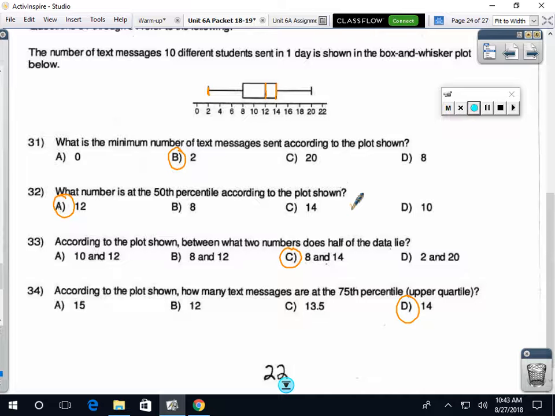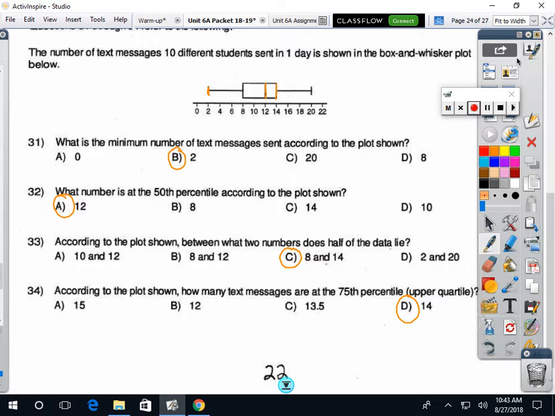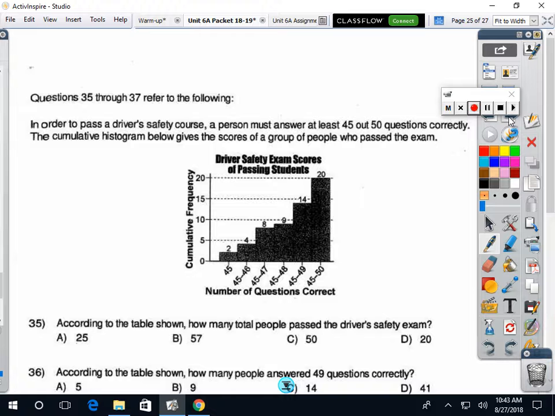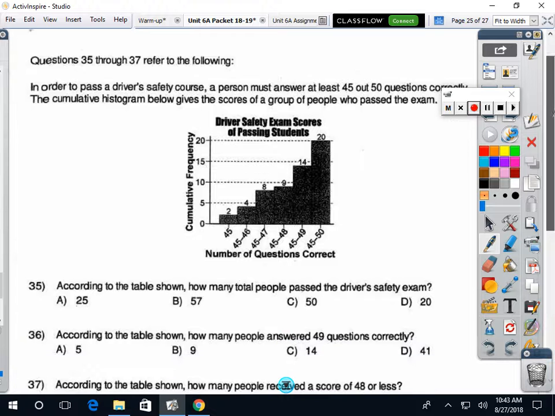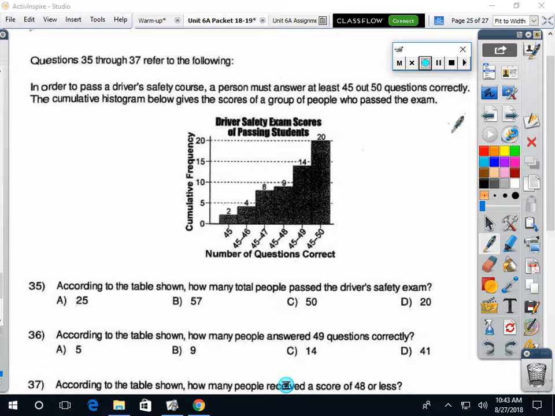Okay, now turn to page 23. This page is tricky. Okay, it says, in order to pass a driver's safety course, a person must answer at least 45 out of 50 questions correctly.